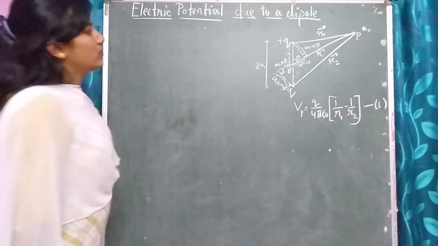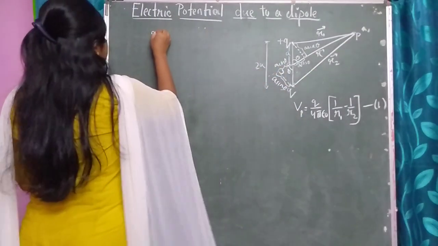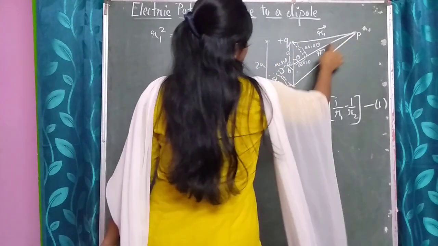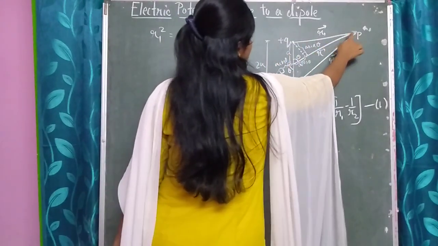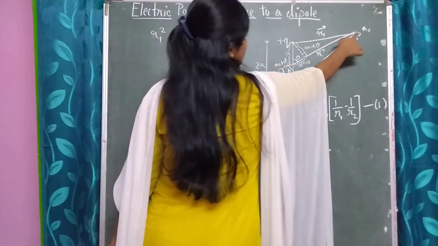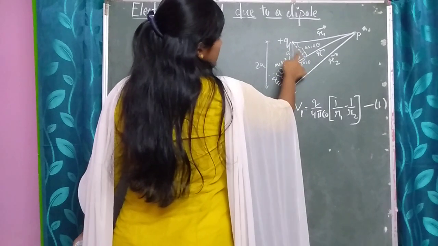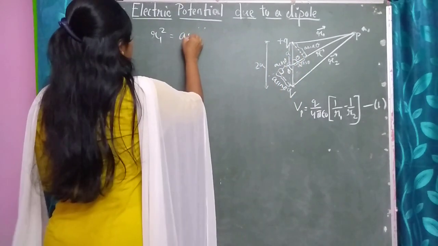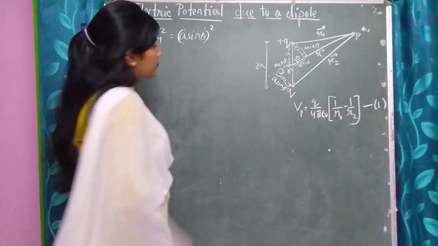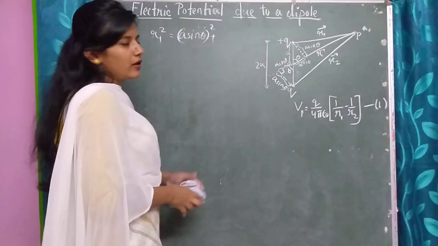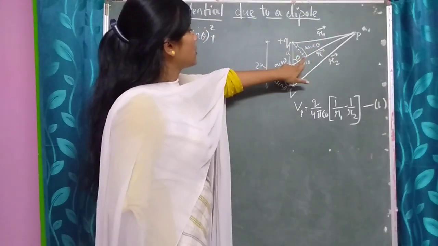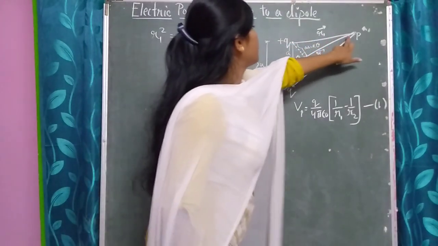So now let us find R1. R1 square: in this right angle triangle, R1 square will be this square plus this square. So this means a sin theta whole square plus, I am using the Pythagoras theorem, R1 square is equal to this perpendicular square and this base square.